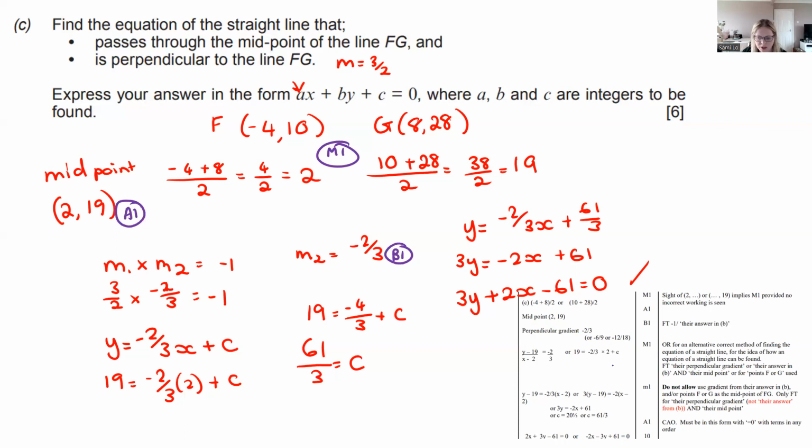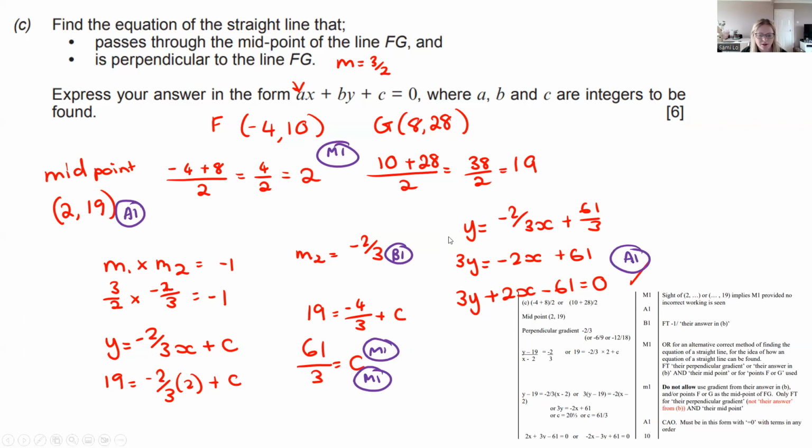So some sort of equation, which I've done this version, so that's fine. So that's M1 for that. And do I get something for finding my C value? Yeah, I get another mark for finding my C there. Then once you've got that, it's just the whole rearranging part gave me my last A1. 1, 2, 3, 4, 5, 6, and that's that question done.